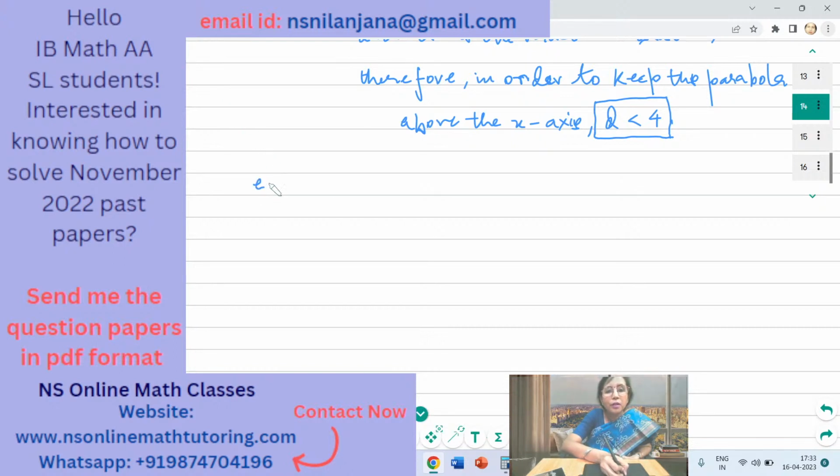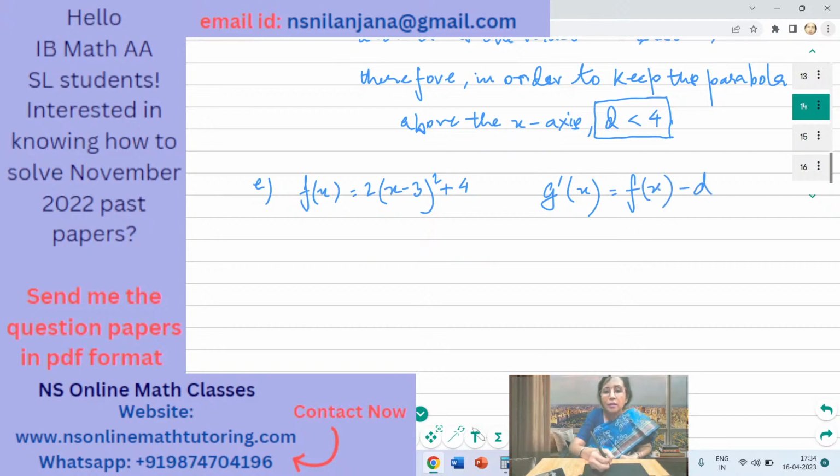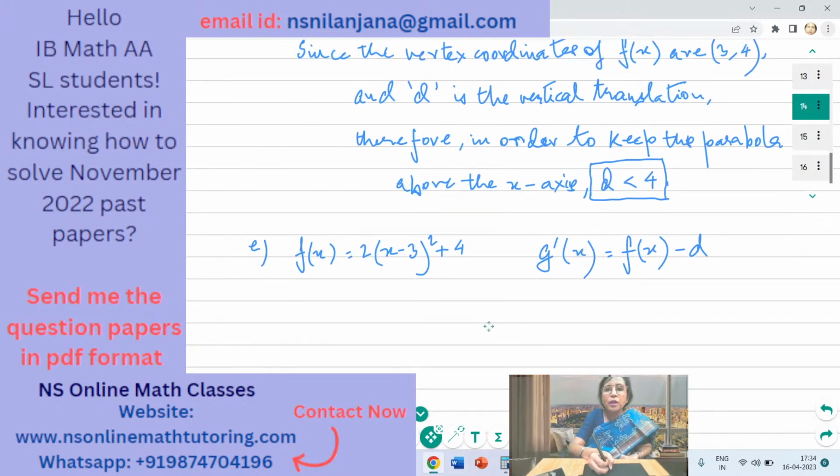Let me first of all write the f of x expression. It is 2 times x minus 3 whole square plus 4. Okay. And g dash x was f of x minus D. Let me show you the expression once more.